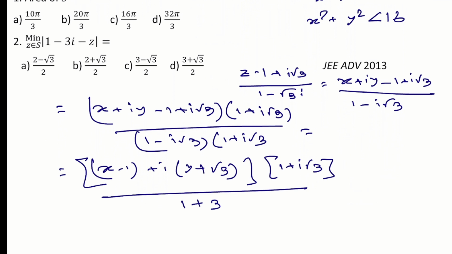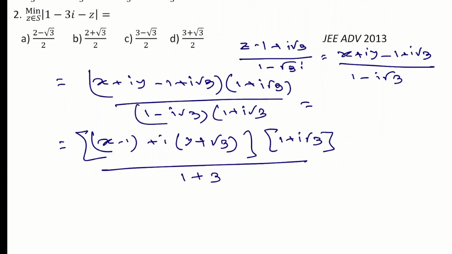Now just see one thing. To get the imaginary part only, multiply 1 with this imaginary portion, plus root 3 with this x minus 1. This portion only we need. Therefore the imaginary part is (x minus 1) into root 3 plus y, which should be greater than 0.